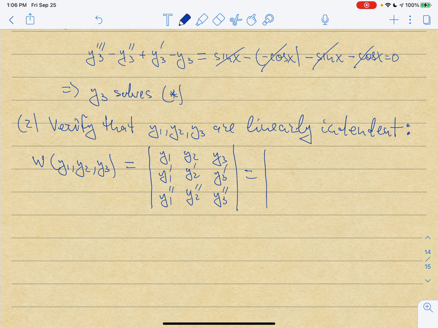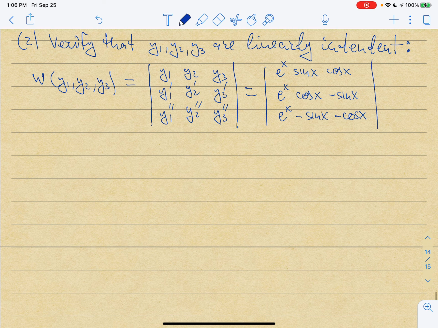Okay, y1 is e to the x, y2 is sine x, y3 is cosine of x. So derivatives of e to the x are e to the x. First derivative of sine is cosine of x. Second derivative is minus sine x. Then derivative of cosine is minus sine x. And derivative of that, second derivative, is minus cosine of x.